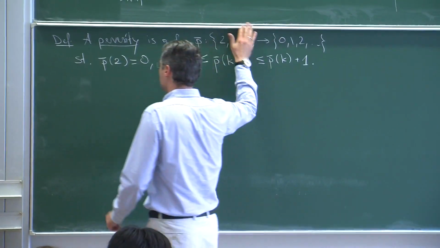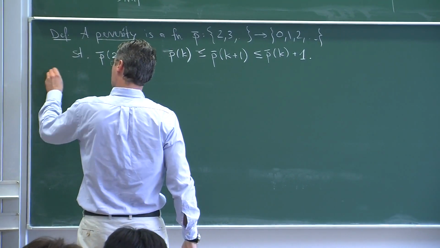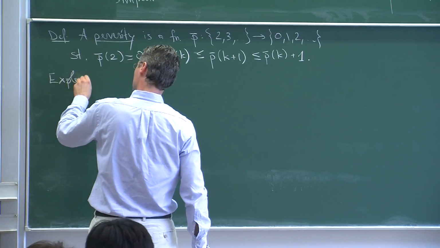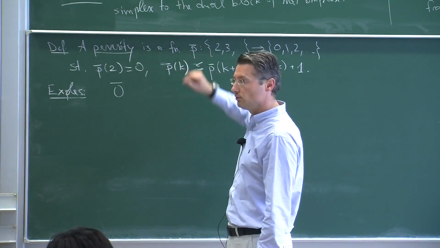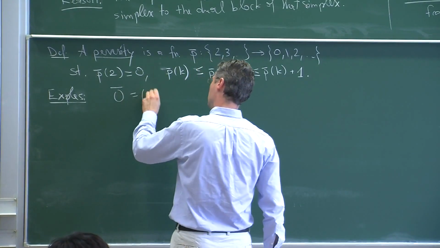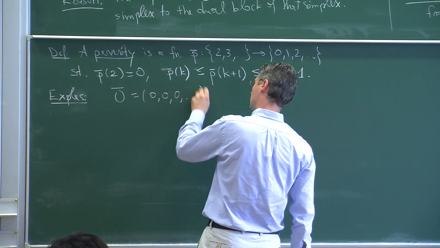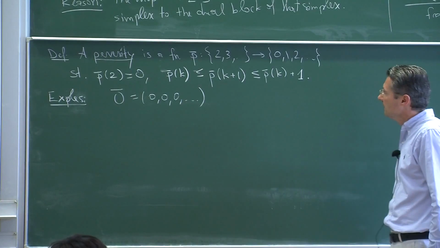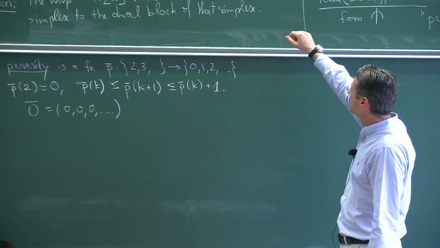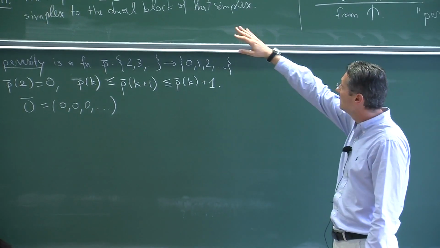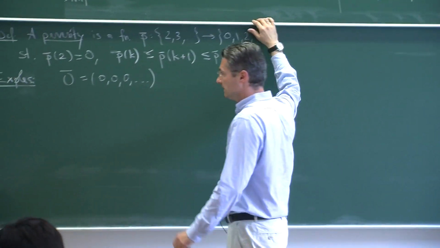Good. So there are some examples of perversities that occur all the time. We have already seen one, the zero perversity, because if I just take the sequence consisting of all zeros, that's the case that I just discussed with these transverse chains.